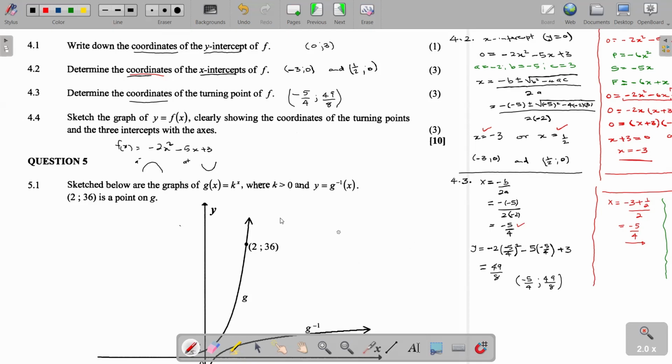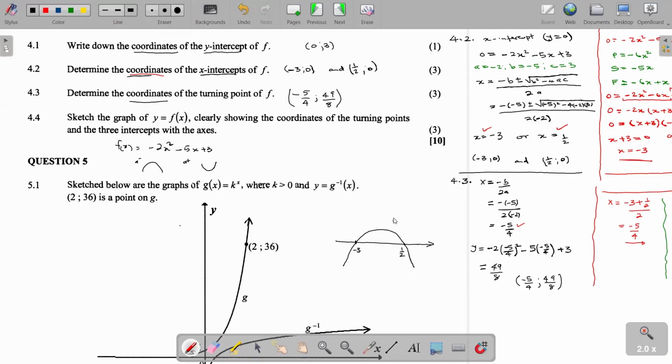So to sketch that graph, since our a here is negative, it means our graph is going to be like this. Then here we are having our x-intercepts, which is minus 3 and 0.5.